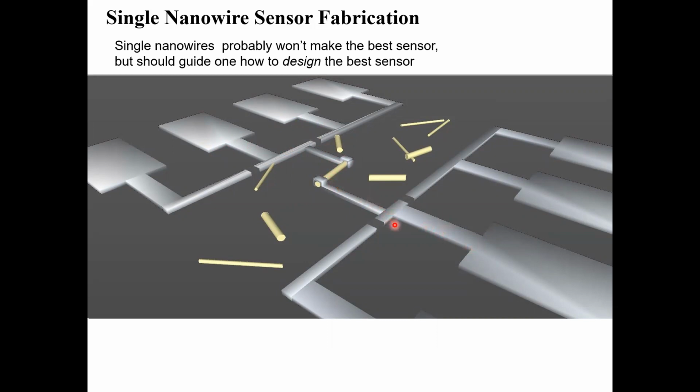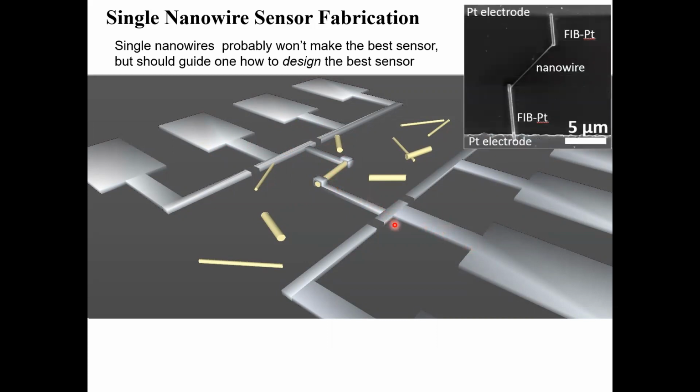You have created a single nanowire device. And in fact, here is a SEM picture of a tin dioxide nanowire with two contacts connecting to the contact pads by FIBbed platinum.